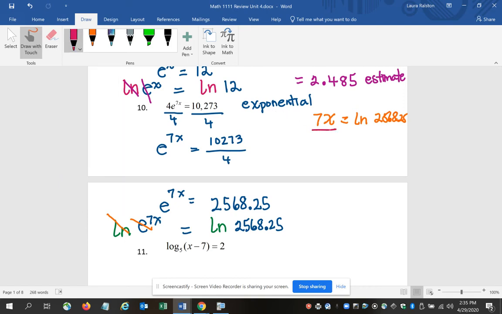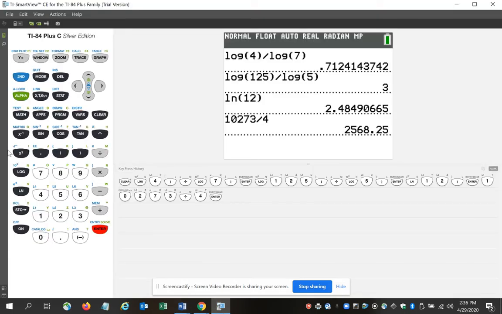So I would divide both sides by 7 so that x equals the natural log of 2,568.25 all divided by 7. And again, that would be your exact answer. I can put it into the calculator.